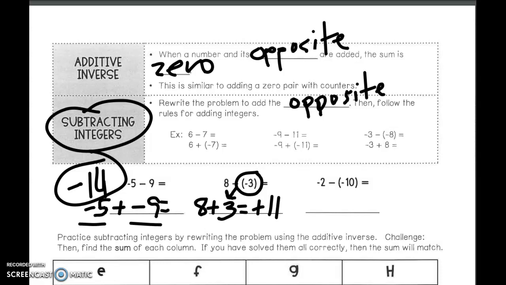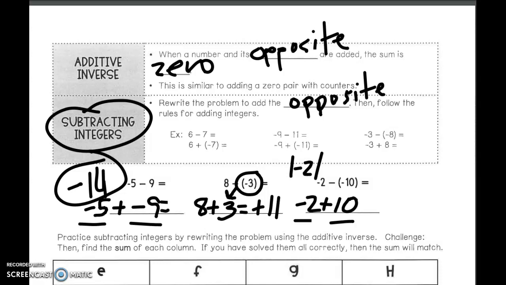Let's do the last one. Negative 2, we're going to keep that the same. We're going to change that minus sign to an addition sign, and then we're going to change that negative 10 to a positive 10. Now we have a negative and a positive. So what do we do in that case? Revert back to when we learned about adding. We take the absolute value of both.